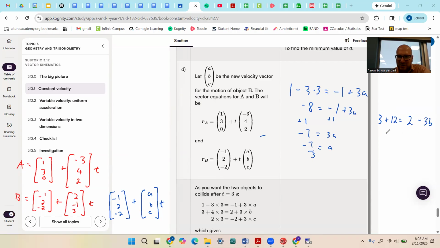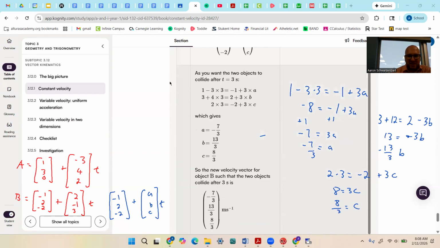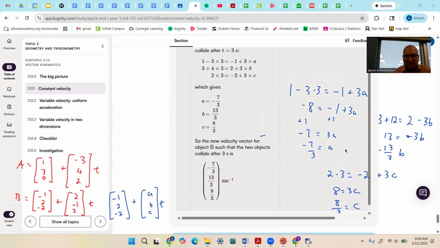So 15 minus 2 is 13. -13/3 is B. And then I'll do the same thing with the C line, and it ends up being 8/8 equals C. And it gives us the velocity vector.